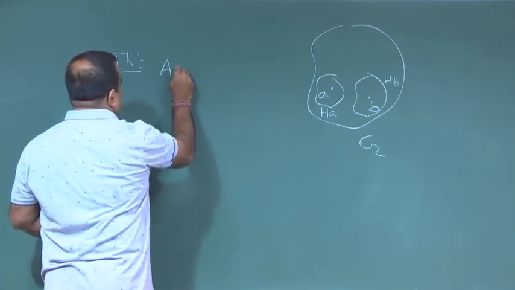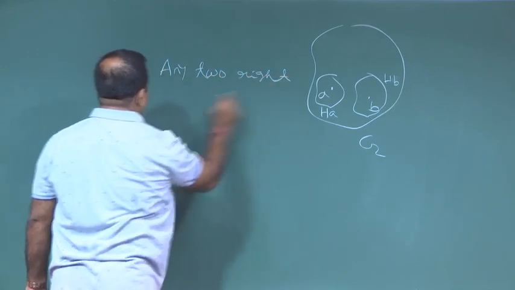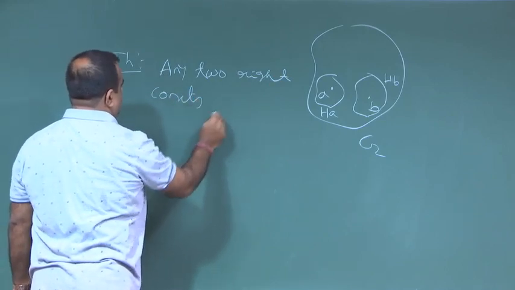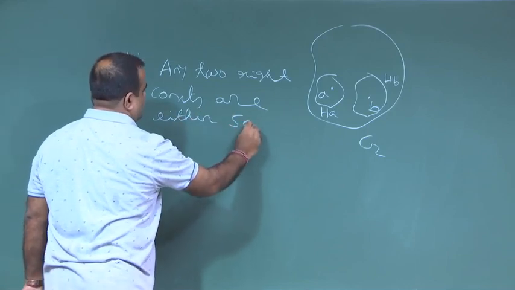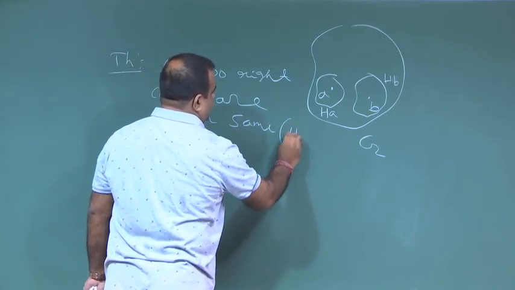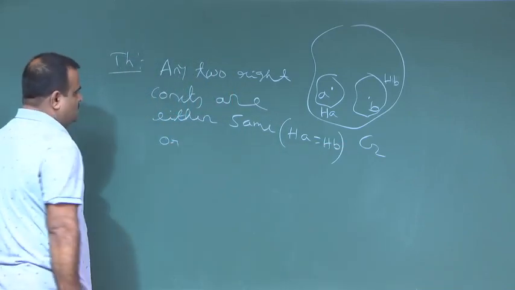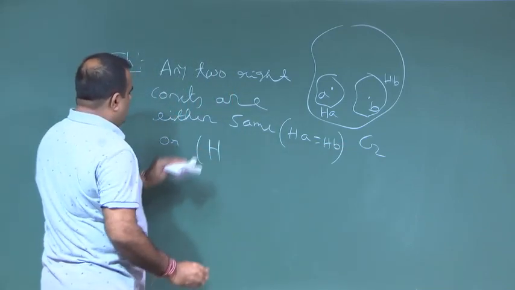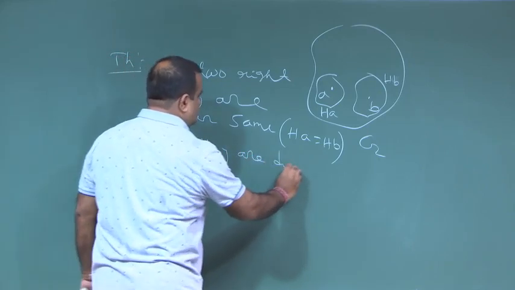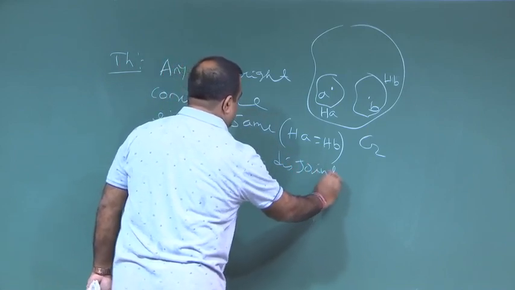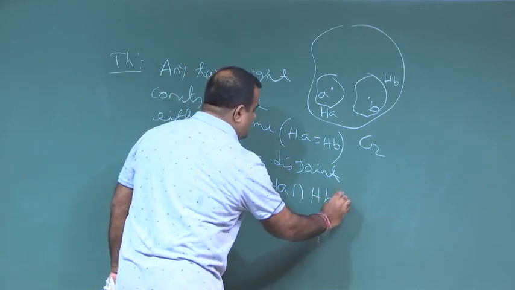So, this is the theorem: any two right cosets are either the same, that means Ha equals Hb, or they are disjoint. Disjoint means Ha intersection Hb is empty.